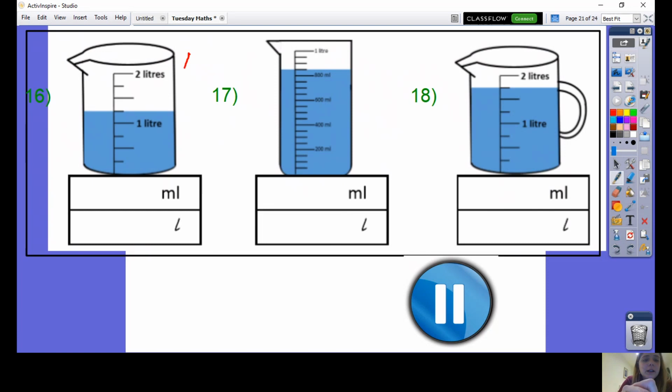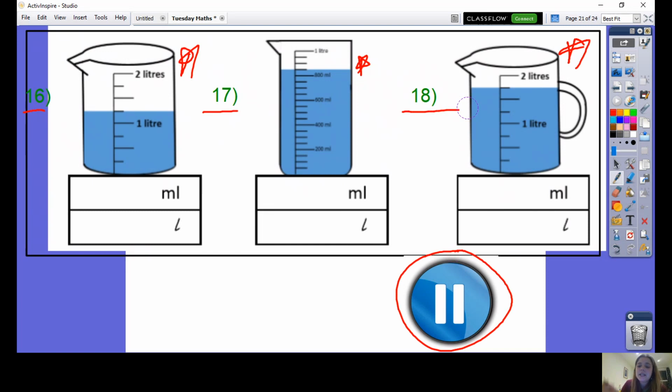You can see in this jug and this jug, you're starting in litres, but in this jug, in millilitres. Don't forget, this is also using your scale skills, so you'll need to use that too. Please pause the video and do questions 16, 17 and 18. This is independent work now, so you need to pause the video to have a go by yourself.